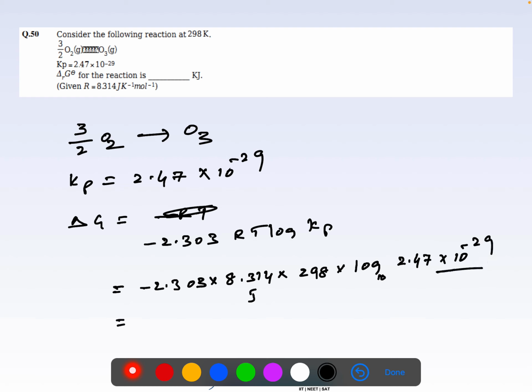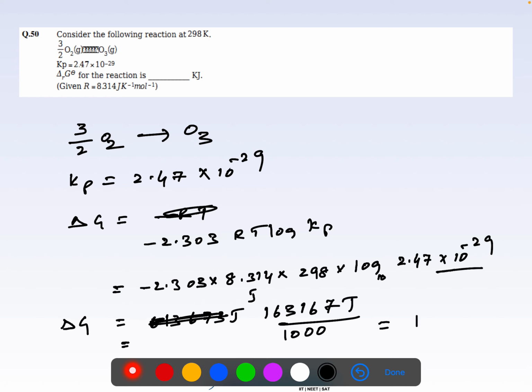So you will get delta G as 163,673 joules, and they are asking in kilojoules. So you divide this by 1000, and the answer will be 163 kilojoules.